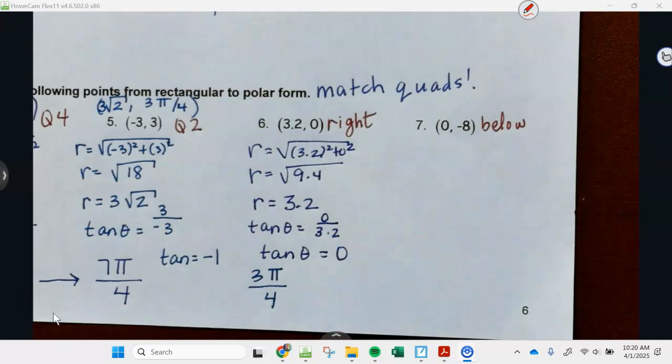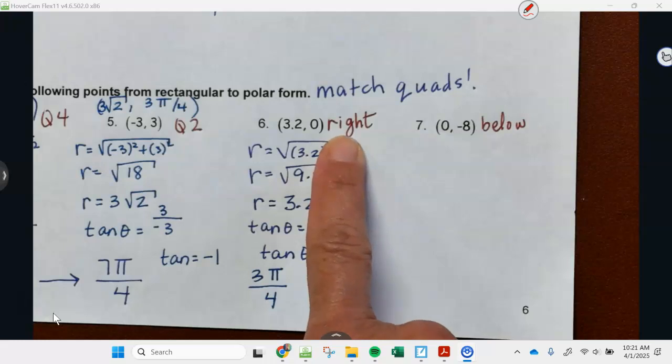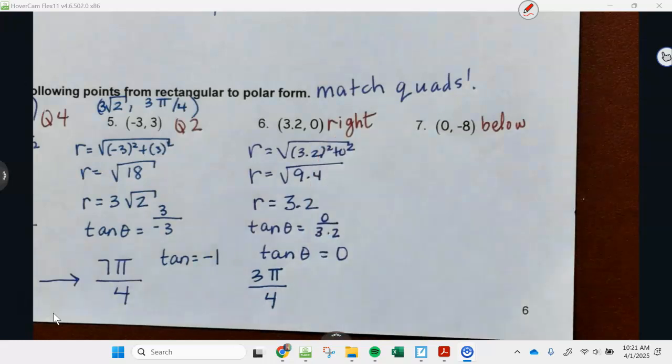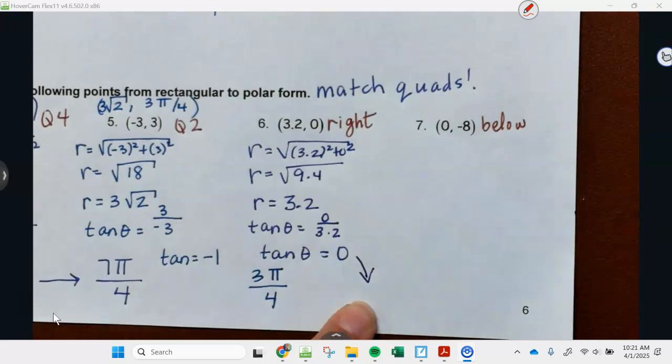So if the tangent value is 0, remember, you can have 0 for tangent on the right side of the unit circle and on the left side of the unit circle. Since this ordered pair is to the right of the origin, we want the right side of the unit circle. So what are the radians when you have a tangent of 0?